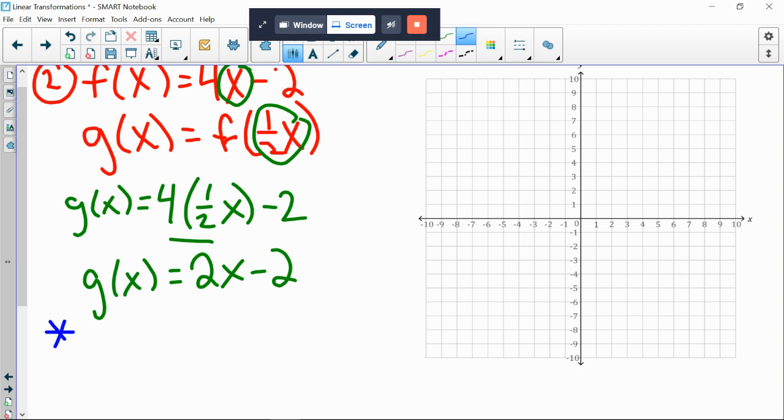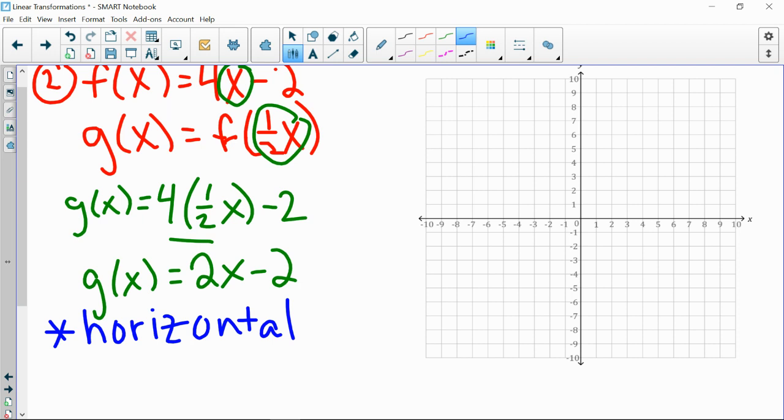So remember that the 1/2 is in the parentheses, so we would call it a horizontal what? Yes, a stretch, because the opposite of 1/2 would be a stretch horizontally.